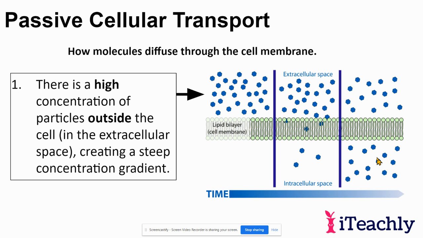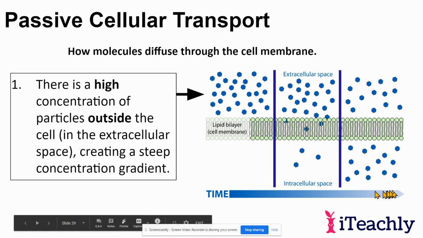Small nonpolar molecules will pass through here. If it's large or polar, it will not move through. So here is outside, and if this is a nonpolar molecule, it will start moving across the lipid bilayer, or the plasma membrane, until you reach equilibrium.